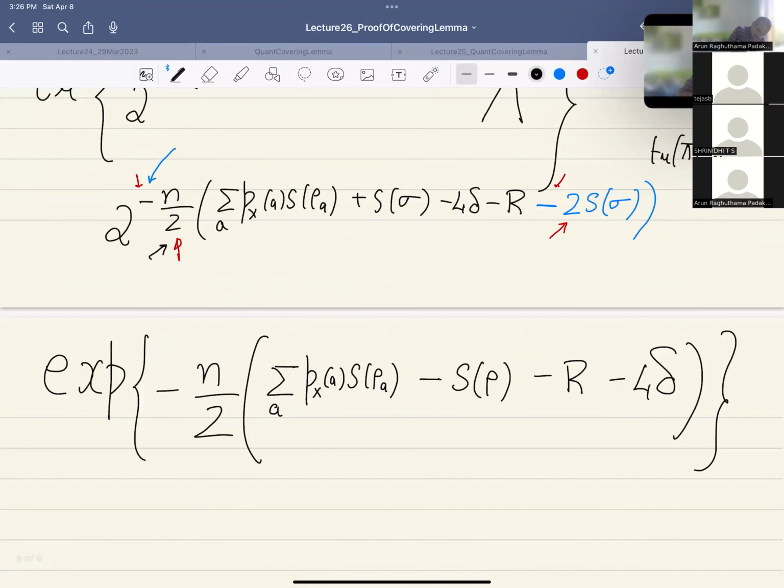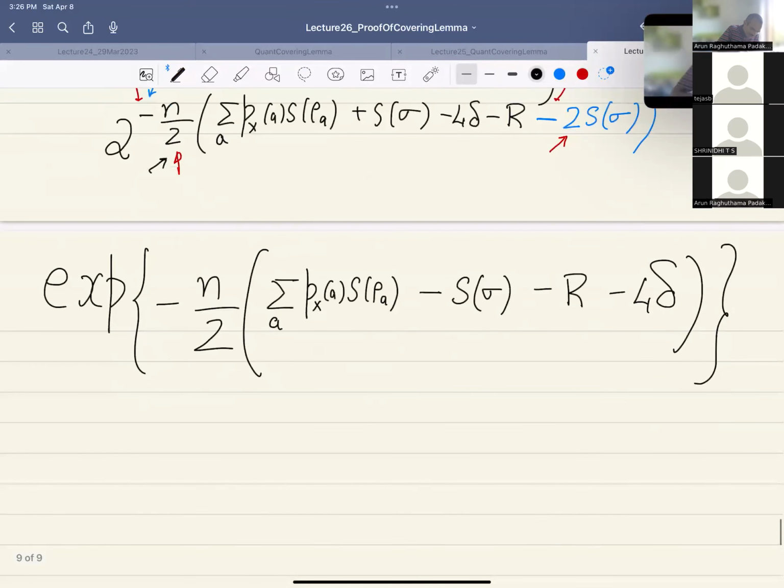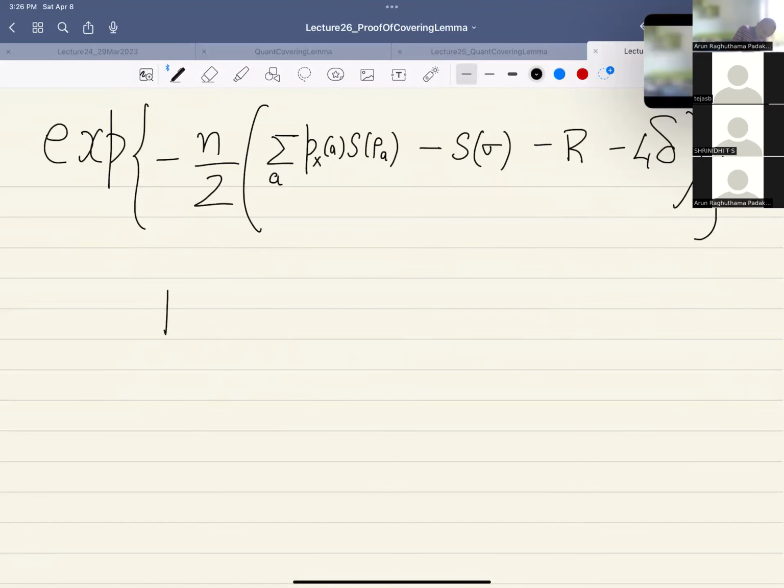So should be, oh, this is sigma. Sigma is same as rho. This is sigma. But wait, there seems to be some, I should be getting R. So, yeah. So R has to be, if this has to fall, so what should I get? I should get, let's see.